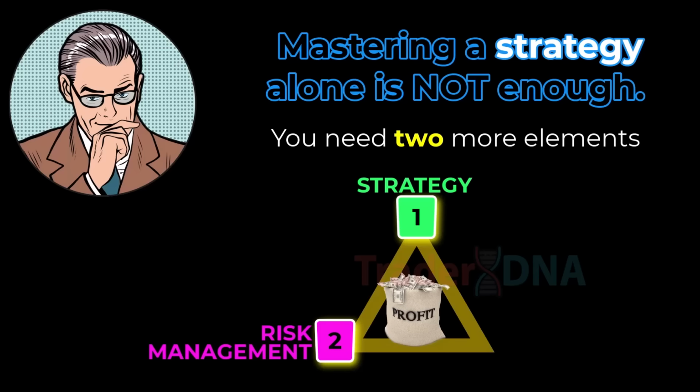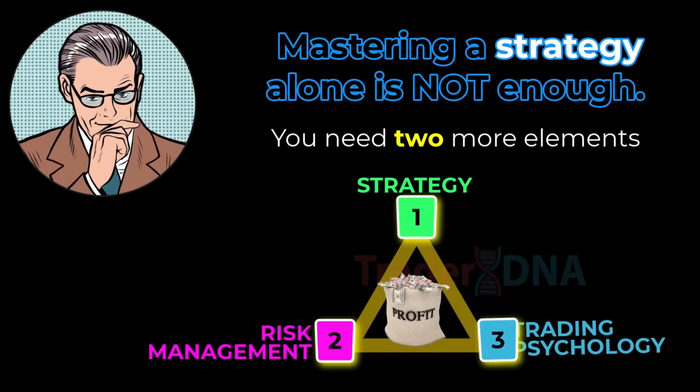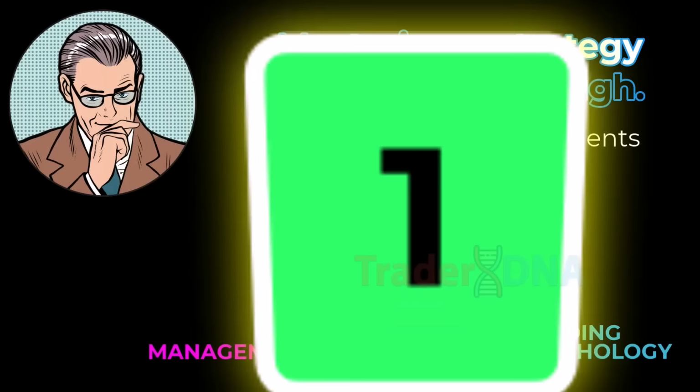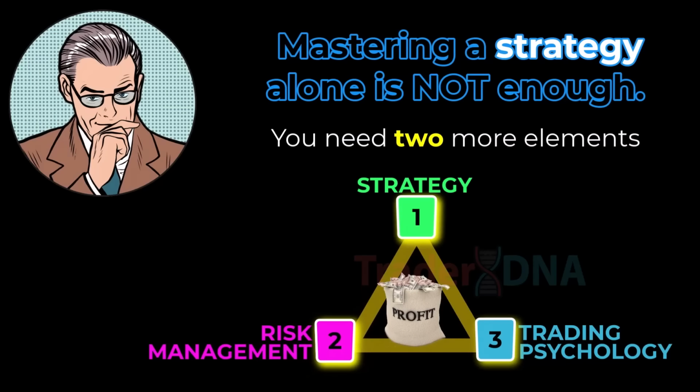And the final piece, the part that makes or breaks almost everyone, is trading psychology, especially discipline around stop loss. This is what keeps them alive in the market year after year, while thousands of beginners blow up their accounts every single week.